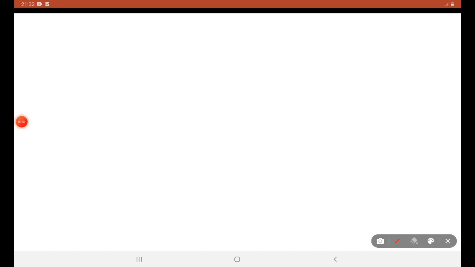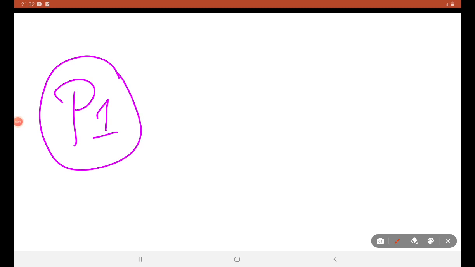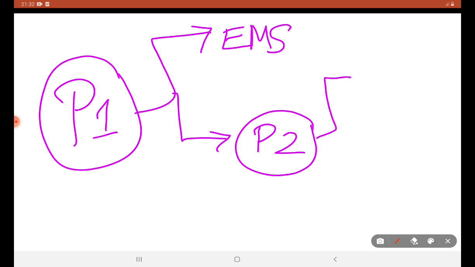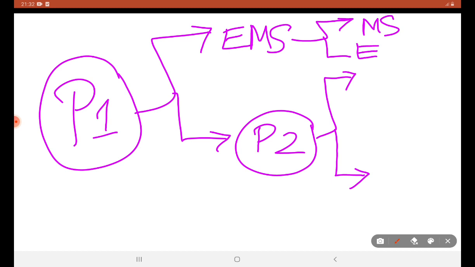Now there is other signaling system as well. P1 is divided into EMS and P2. P2 is divided into two things. EMS is divided into MS and E, and P2 into C and P3. Okay.